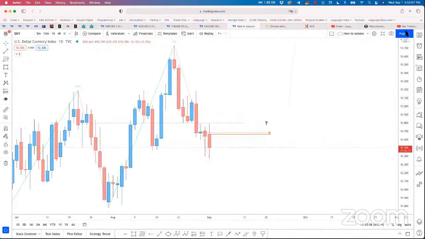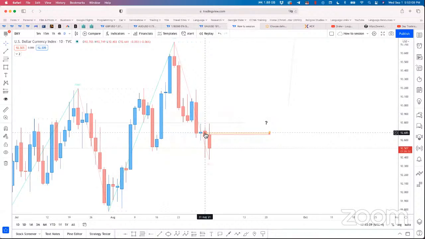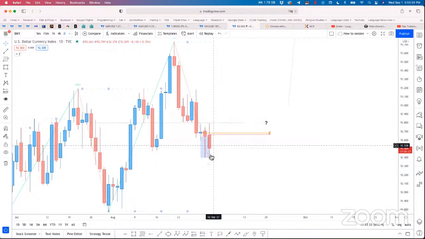This is how yesterday started. I was paying attention to this area right here, from the body of this candle to the low of this wick, right? And if price doesn't break and close out of this, I know that it should push up, right?